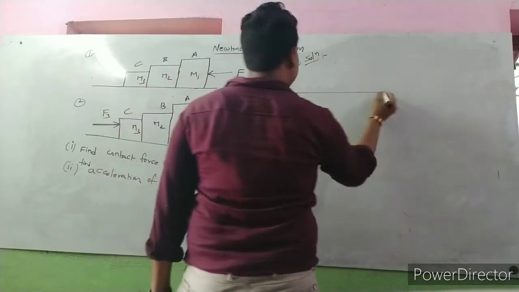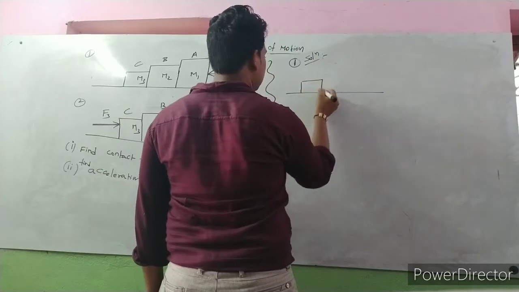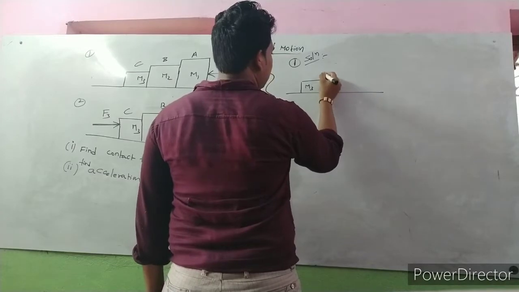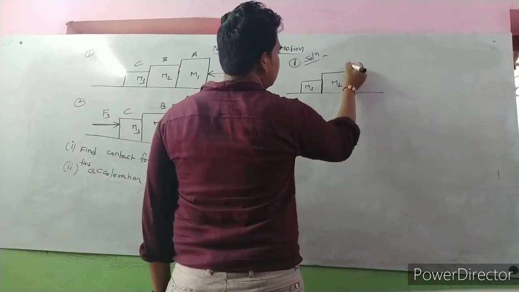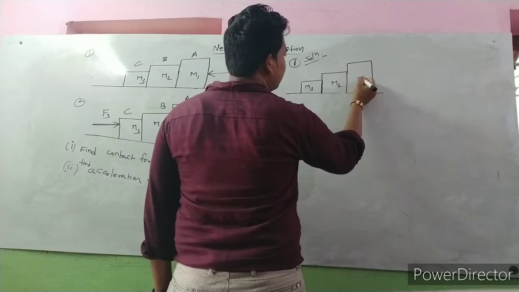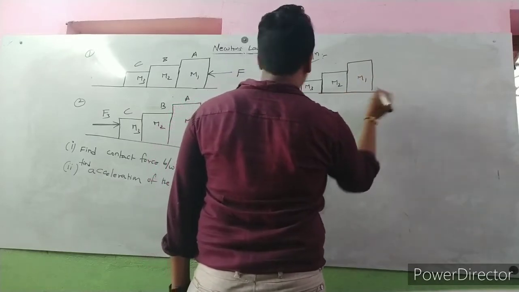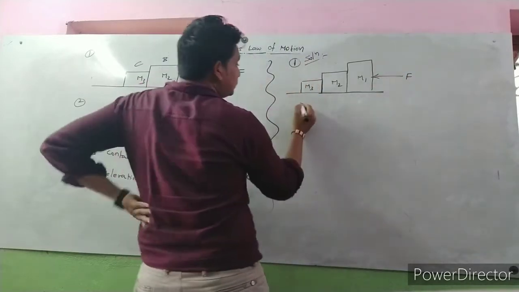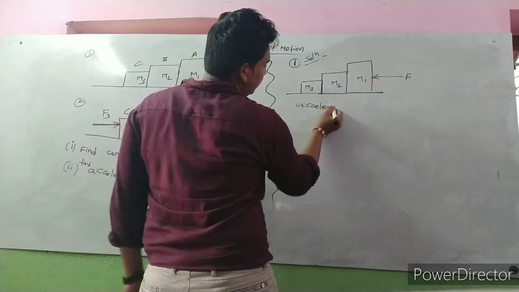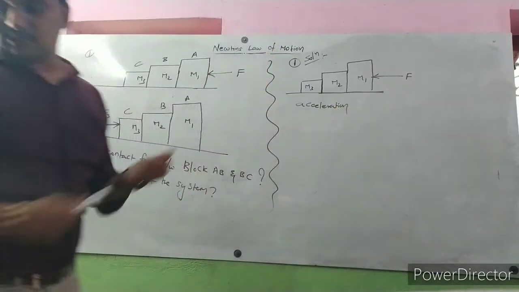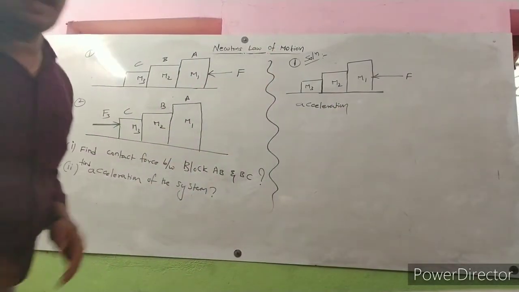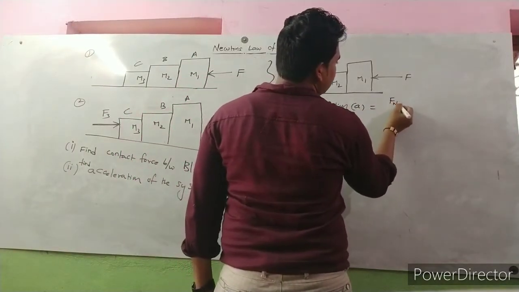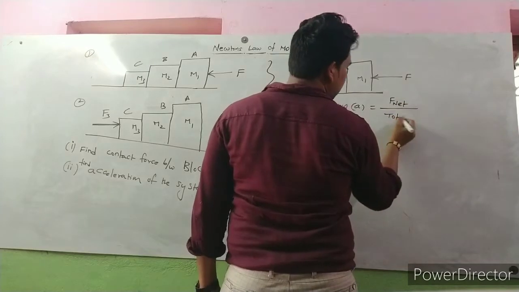What is the first question here? This is M3, M2, and this is M1. So we are applying force in this direction. So here acceleration A is equal to F net by total mass.